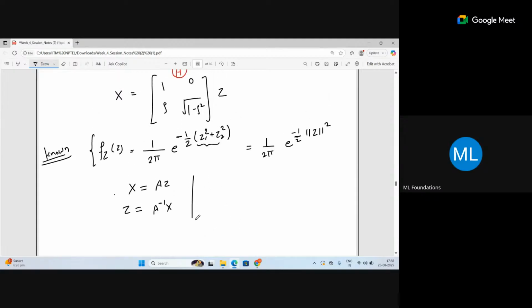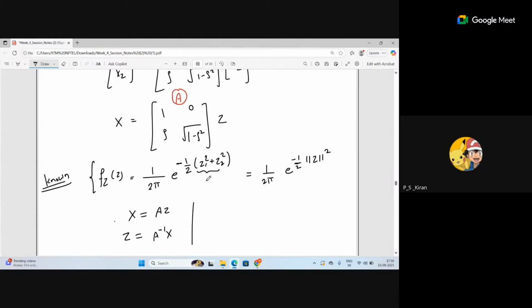We'll see some properties here, which we'll be putting into the derivation later on. So we'll see the properties of the matrix A first. Sir, where do you get this here? What is x?